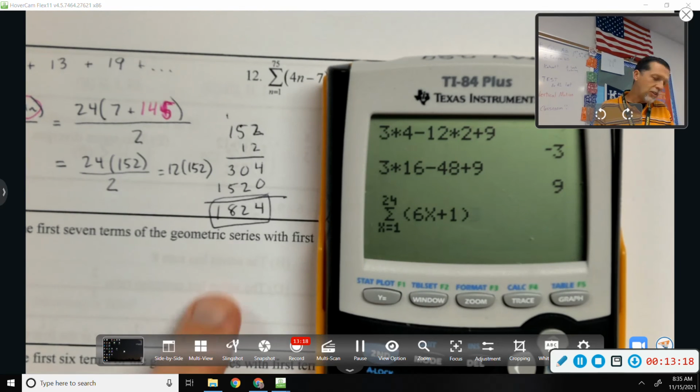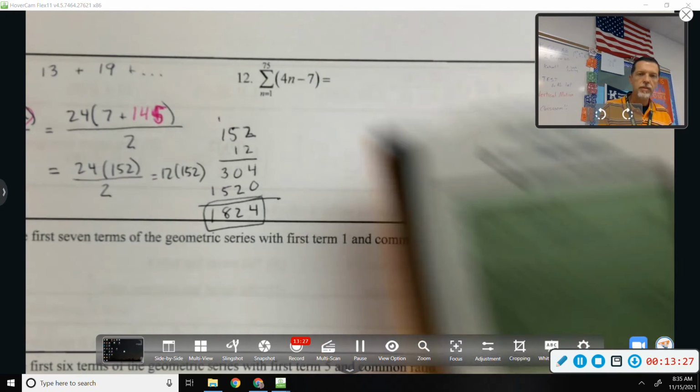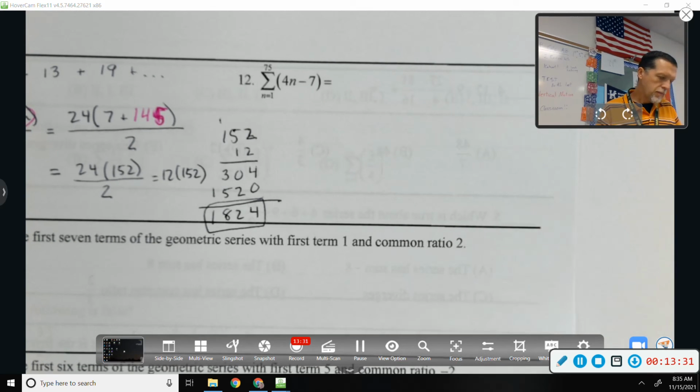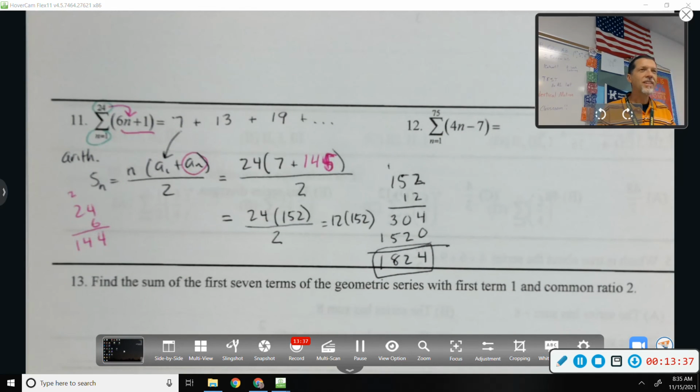We think that's equal to 1824. Fingers crossed. 1824. Yay us. So that's why you can't use the calculator. Because all you have to do is type it straight in.